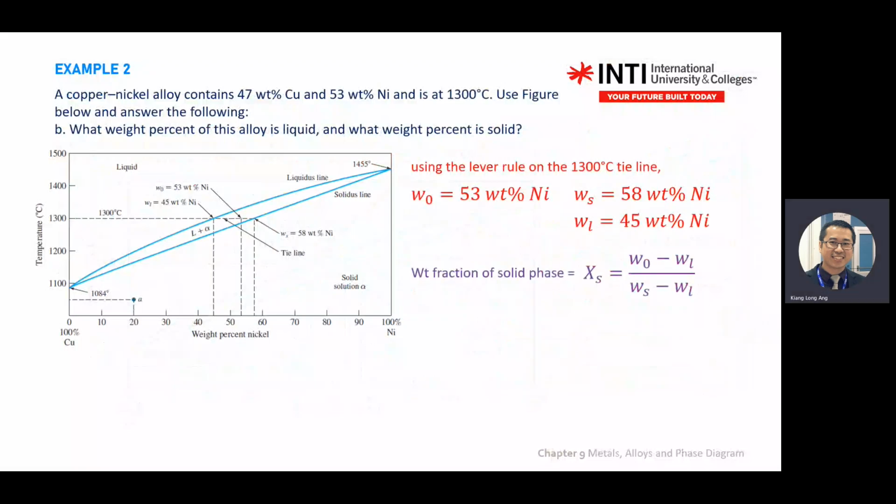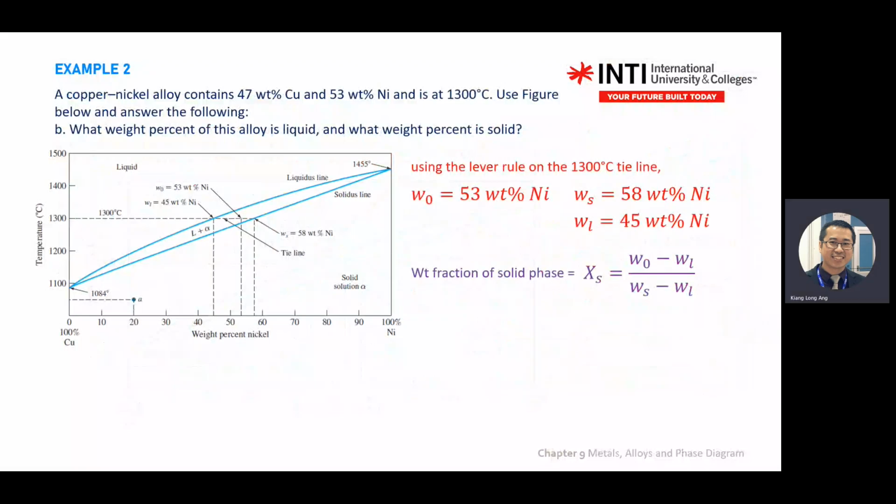So the fraction of solid phase. Why do you go and do nickel? So you have 58 and 45 nickel. Then for solid phase, you know solid phase is here and here, the ratio of this one and this one, right? I mean, the one near the liquid is the solid fraction. So this one and this one.